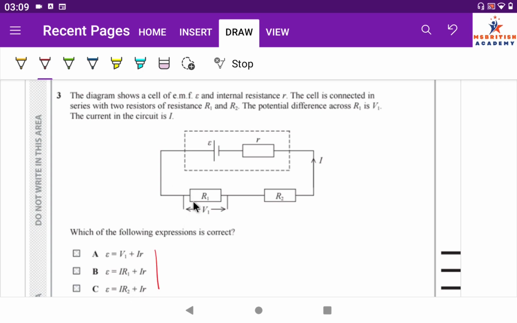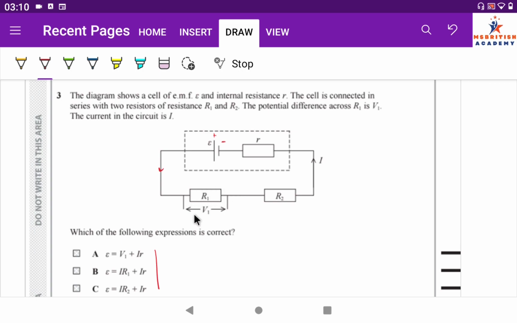So according to sign convention, this is the negative terminal and this is the positive terminal, and we know electrons are moving in this direction. In the direction of current, across the resistor, voltage drops.